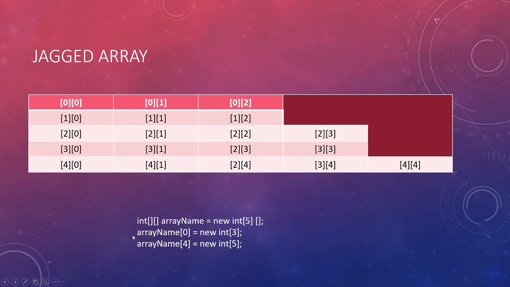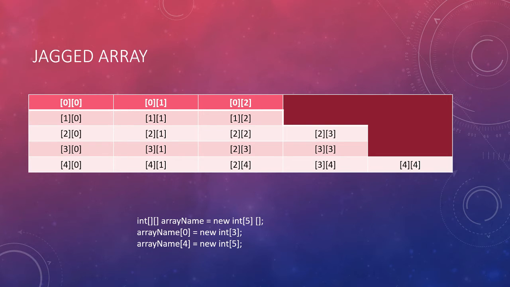Then we can come back and say array name row 0 is actually a new array of integers that are 3 positions. So now we have 3 entries there. And the same way we could say that array name row 4, this row here, is a new array of integers, and there are 5 occurrences in that entry.